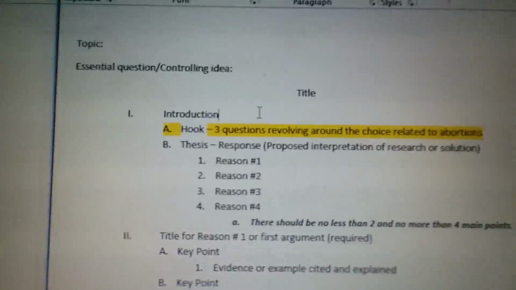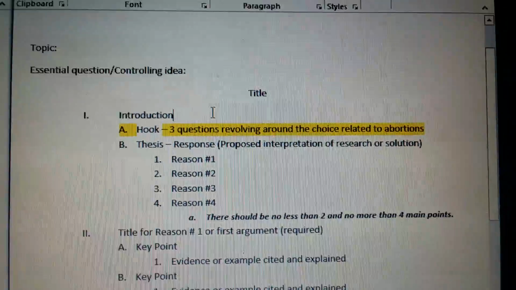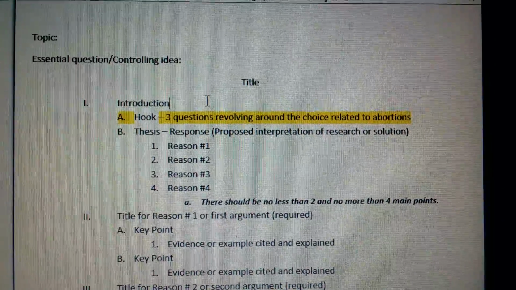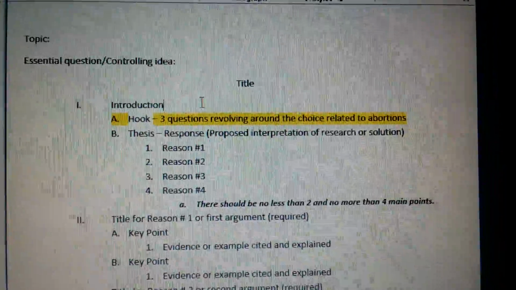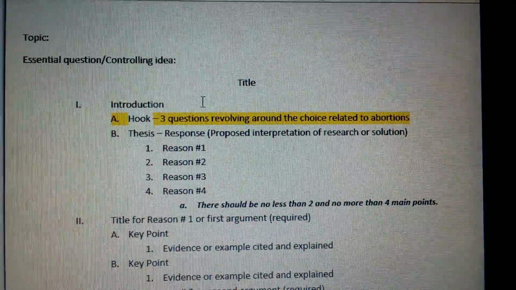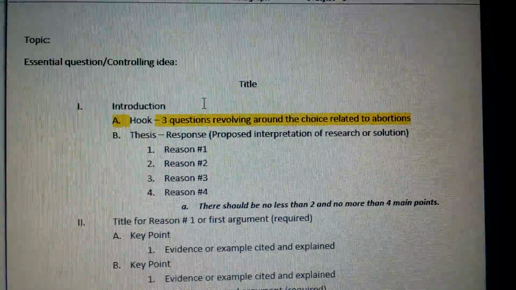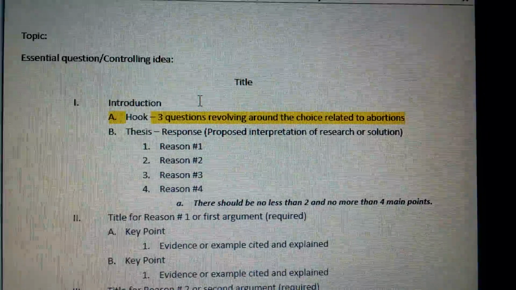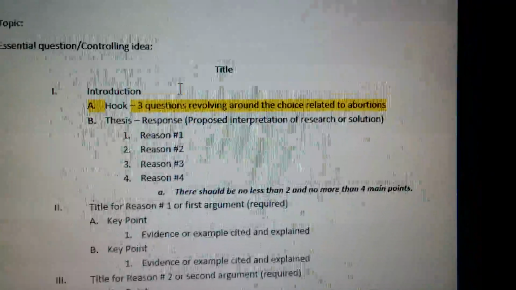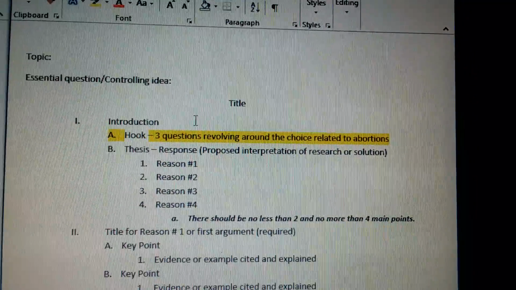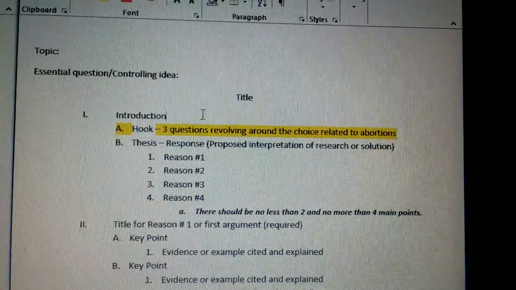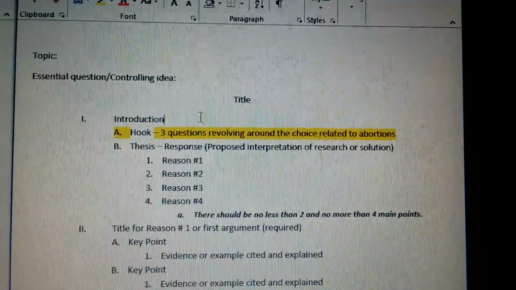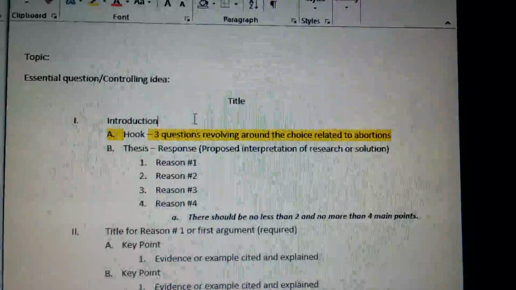Okay, so if you see my hook, I'm not writing down the 3 questions that I'm going to write down for my essay, but I'm highlighting that for my hook, there's going to be 3 questions revolving around the choice related to abortions. So my first question would be like, is a decision for pro-life or pro-choice easy to make?